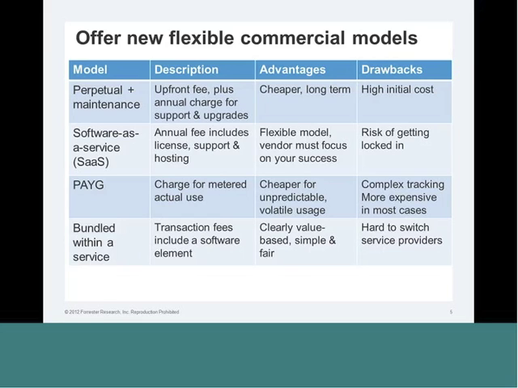The last one, this is quite interesting actually, where the software is now increasingly bundled within a service. So we're paying transaction fees and they include a software element. It isn't explicitly stated, but it's just there in the value that we receive. That can be a really nice and simple way of buying the software because we're buying this whole service and we just look at it as a total service.